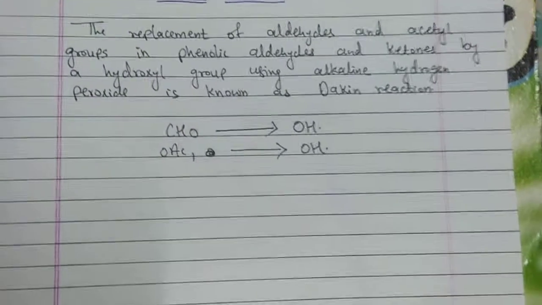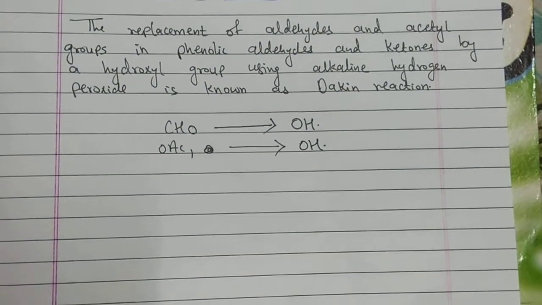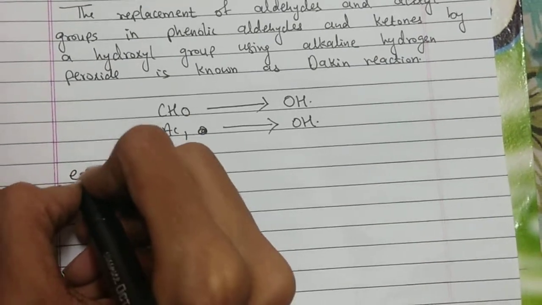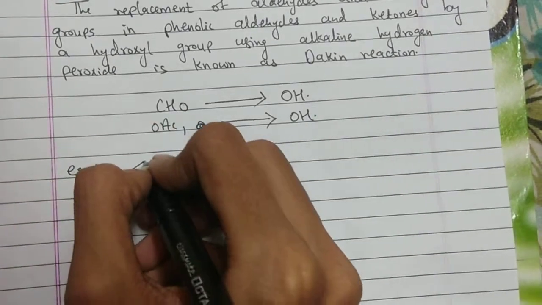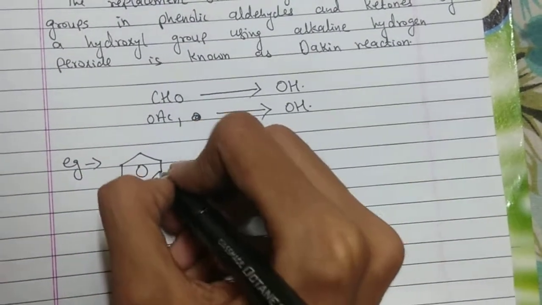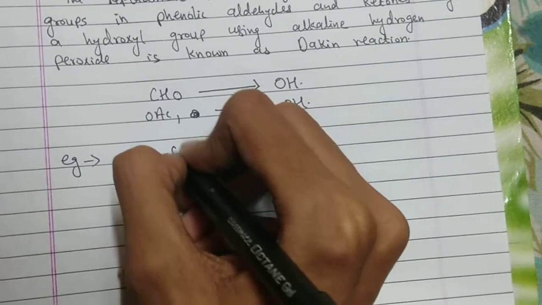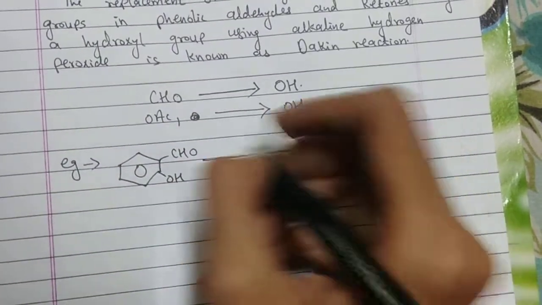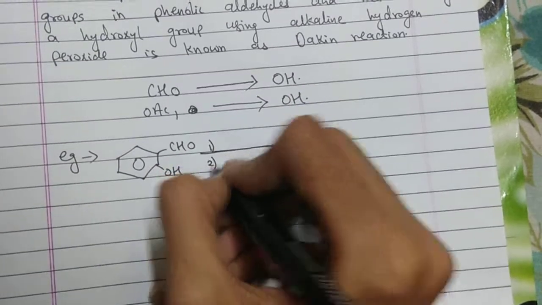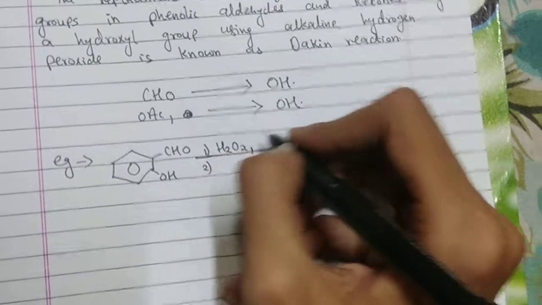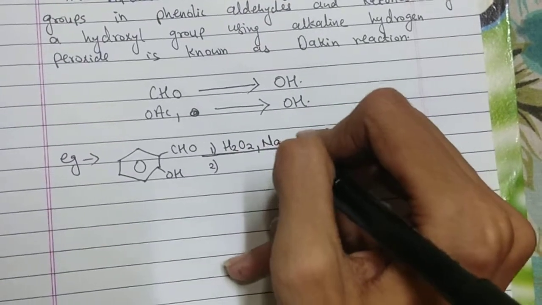Okay, so now let us see a reaction, or you can say an example of this type of reaction. So the example which I am taking right now will be a benzene ring with an OH and a CHO. Now this reaction uses H2O2, that is hydrogen peroxide, and NaOH, that is sodium hydroxide.